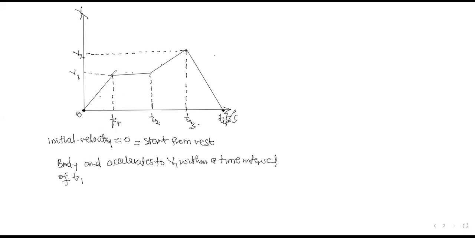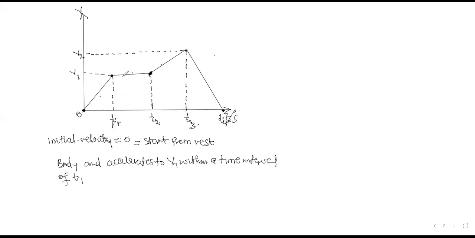Then maintains a constant velocity from t1 to t2. So within this time interval, t1 to t2, the velocity is the same, maintains a constant velocity.